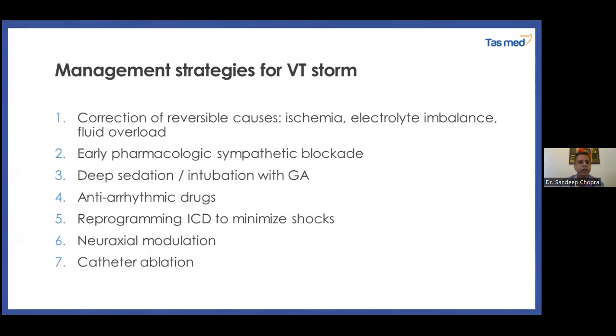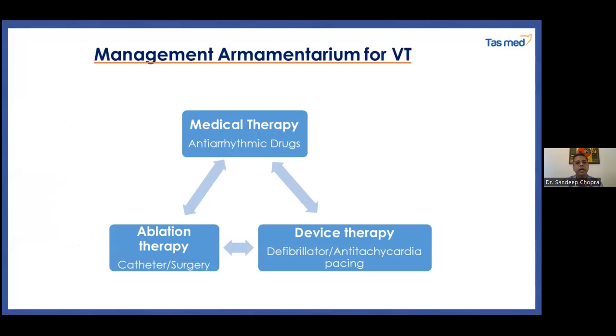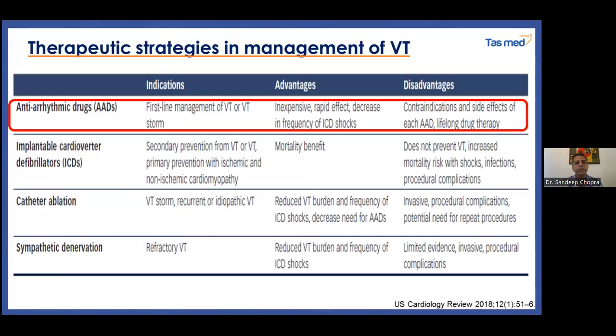In the ICUs, we get a lot of VTs with electrolyte imbalance. You can correct the electrolytes like hypokalemia, hypocalcemia. Deep sedation and intubation with GA can help to decrease the sympathetic outflow. Antiarrhythmic drugs we've spoken about, intracardiac defibrillator, and catheter ablation.